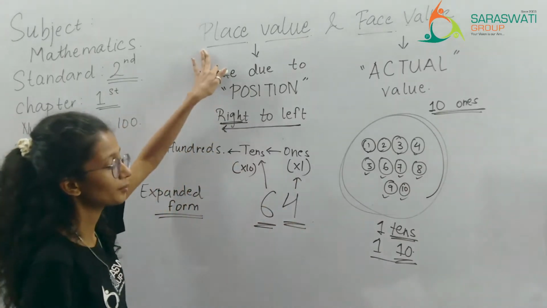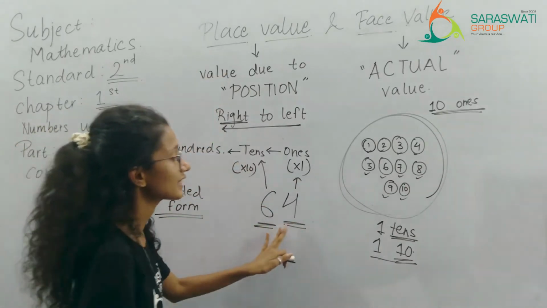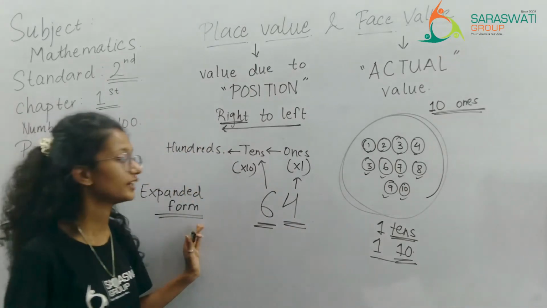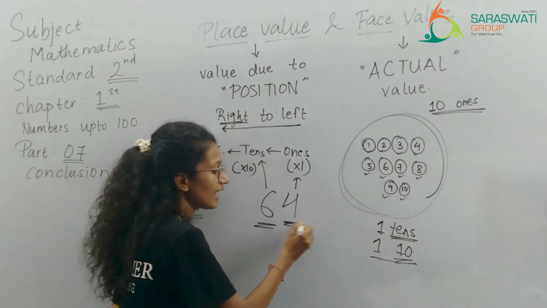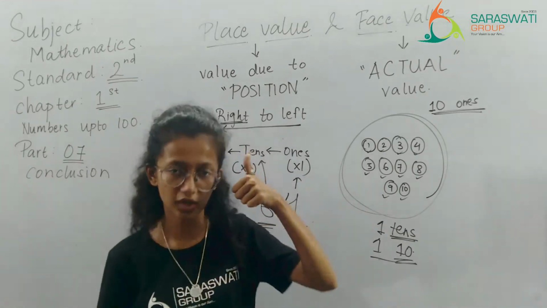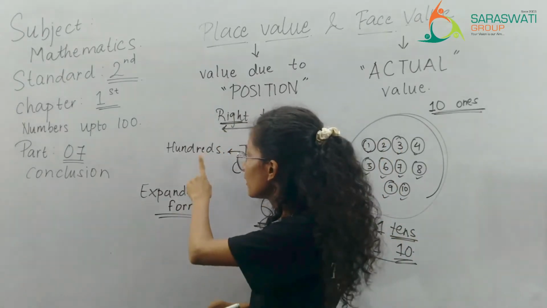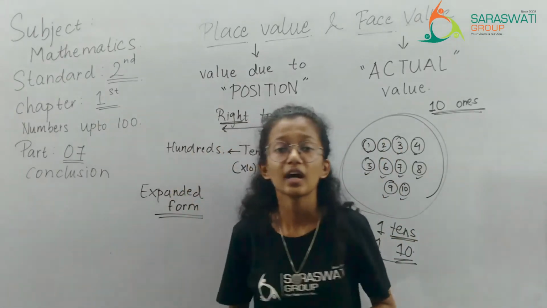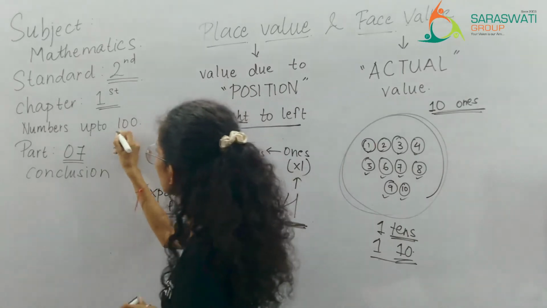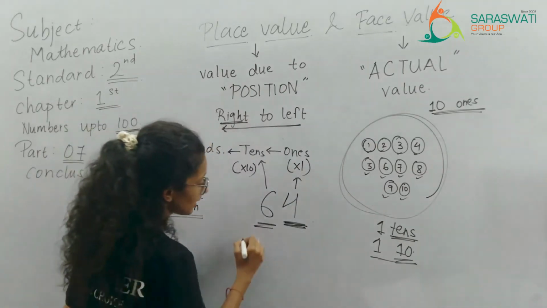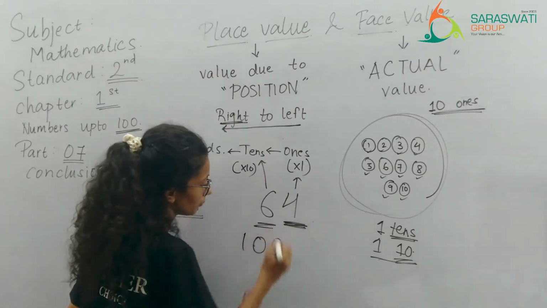So when I talk about place value, you need to start from the right and then move ahead to the left. The last digit is known as ones, then tens, and then hundreds. Now our chapter is numbers up to hundreds. So 100 would be a 3-digit number.